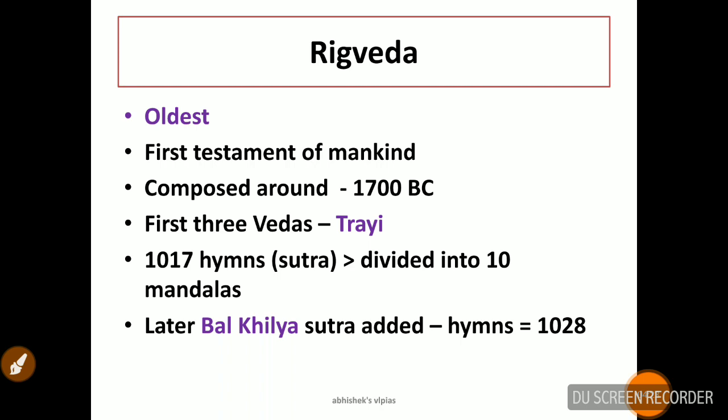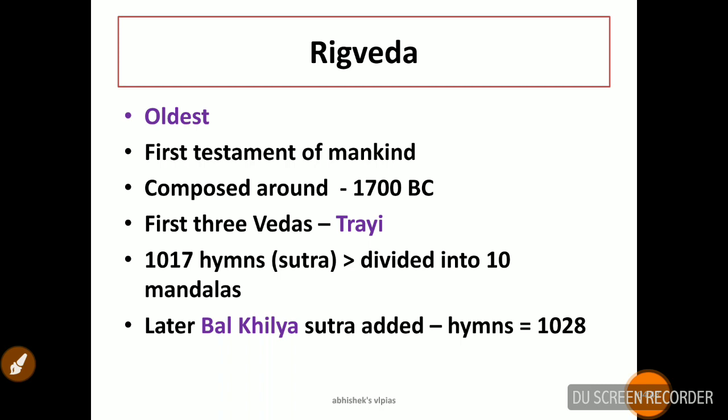One mandala consists of some number of hymns. Likewise, there are 10 mandalas in the Rig Veda, so you have to know that the mandala is connected to the Rig Veda. Later, the Balakhilya Sutra was added to the Rig Veda, and the hymns increased from 1017 to 1028.